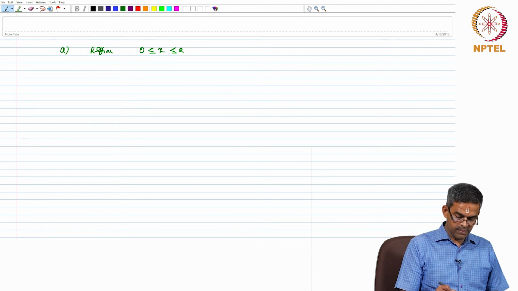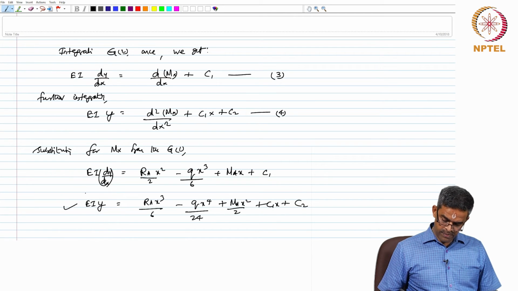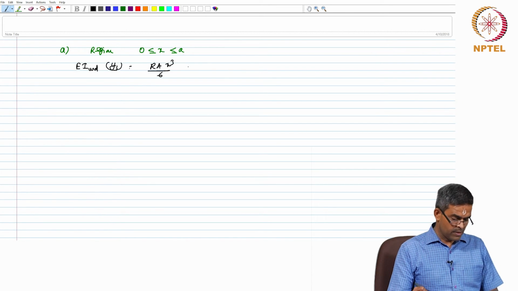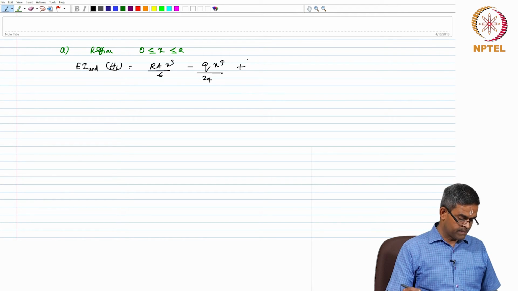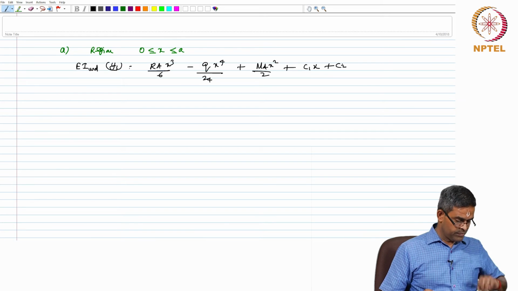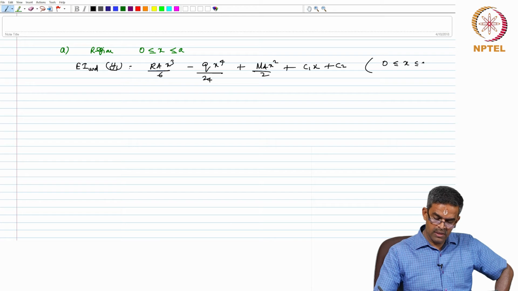In that condition, EI undamaged of y1, you can see here the equation, will be Ra x cube by 6 minus q x 4 by 24 plus Ma x square by 2 plus C1 x plus C2. This is for 0 less than x less than a.